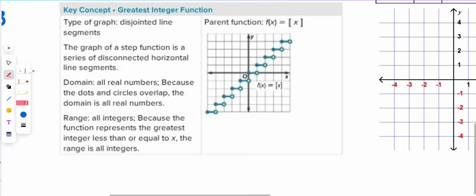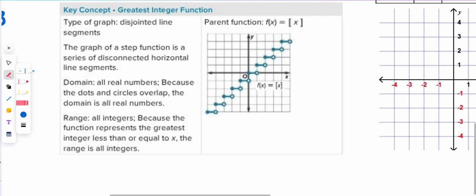So here, it explains some of the key features. The type of graph is disjoint line segments. The graph of a step function is a series of disconnected horizontal line segments. The domain is all real numbers because the dots and circles overlap, causing it to go through all x values, where the range is all integers because the function represents the greatest integer less than or equal to x.